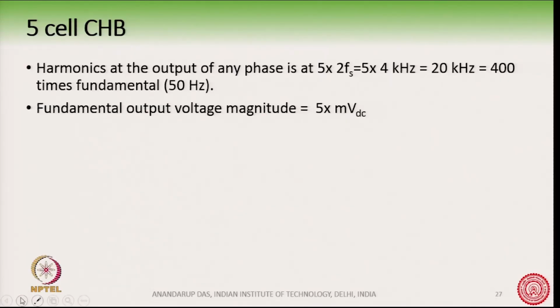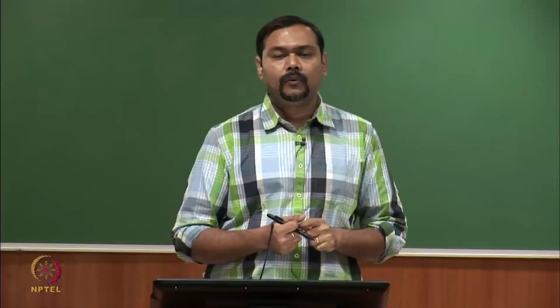Now, if we do this carrier shifting, this is what phase shifted PWM means, phase shift your carriers. What happens really is that we had earlier seen that the harmonics at the output voltage of one cell was at 2 Fs, where Fs was the switching frequency of any device and is equal to the carrier frequency.